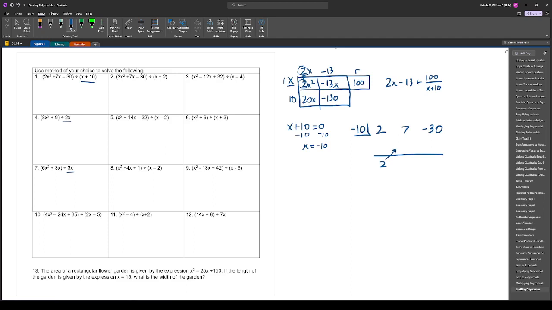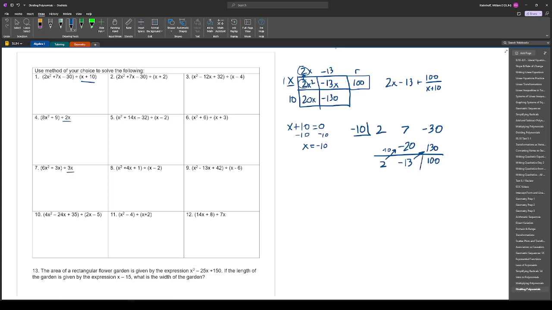Then we multiply by our -10 divisor and put a -20 in the next column. We add these two numbers. 7 plus -20 is -13. Then we multiply that -13 by -10 to get positive 130. We add -30 and 130, we get positive 100.